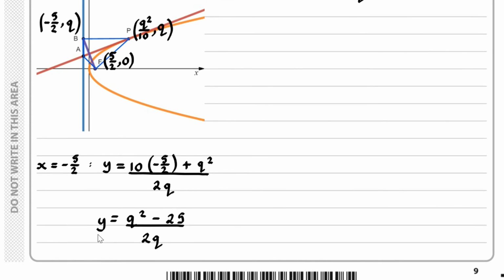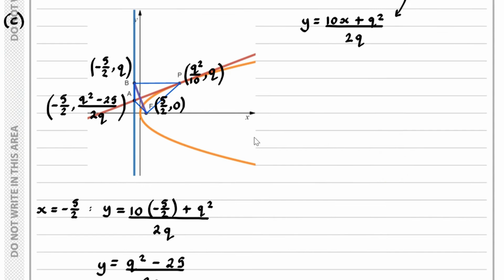And therefore, we can conclude for the coordinates of A, the x-coordinate is -5/2, and for the y-coordinate, we've got q squared subtract 25 over 2q, as we see here. So this is the coordinate of A, as we see here.